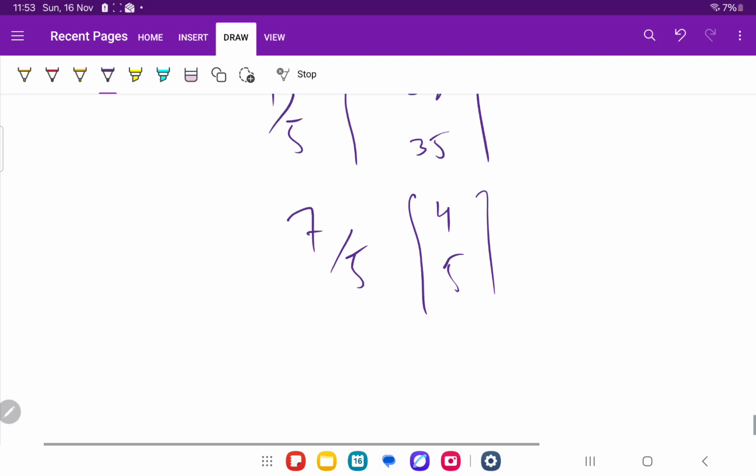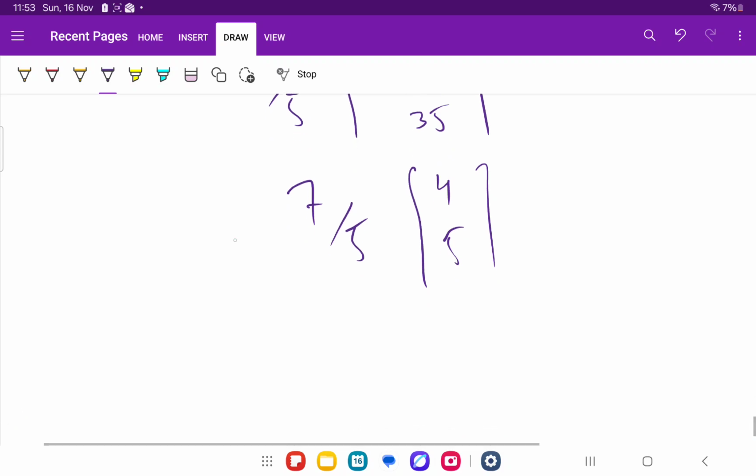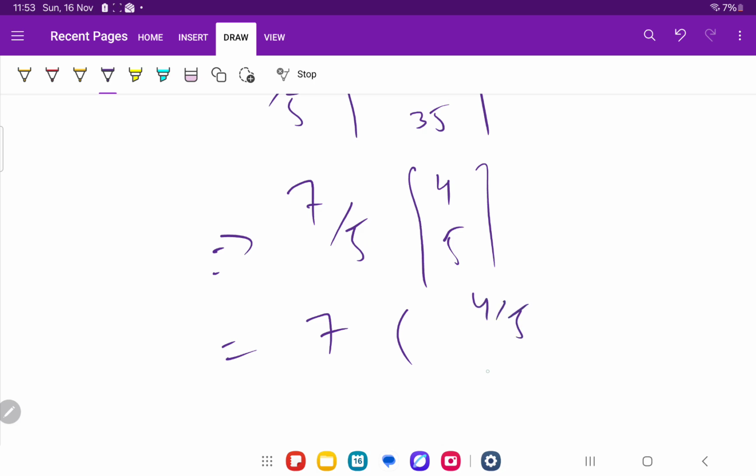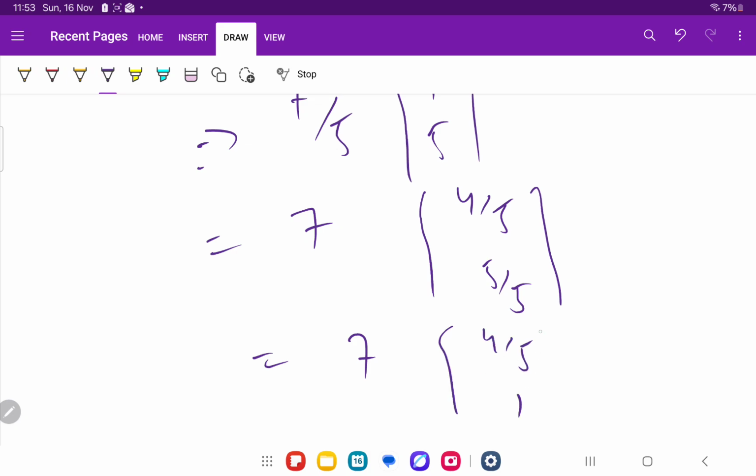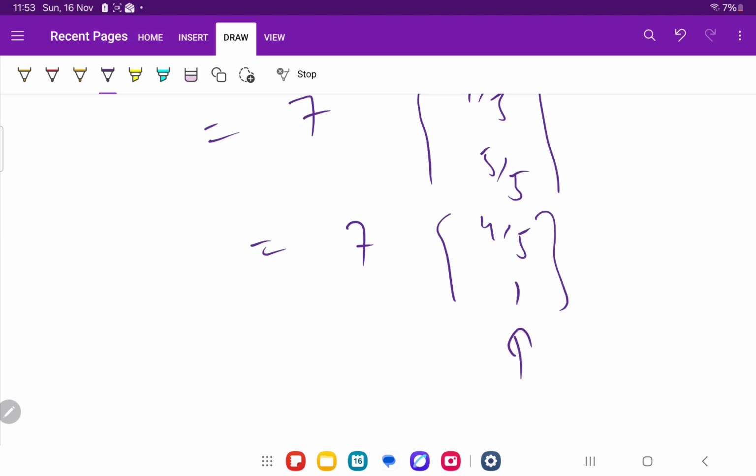So for example, if seven is out, okay, so this is the eigenvector you have obtained.